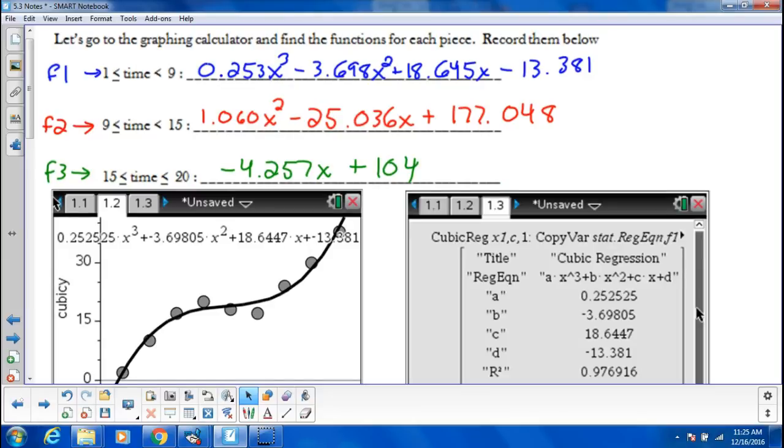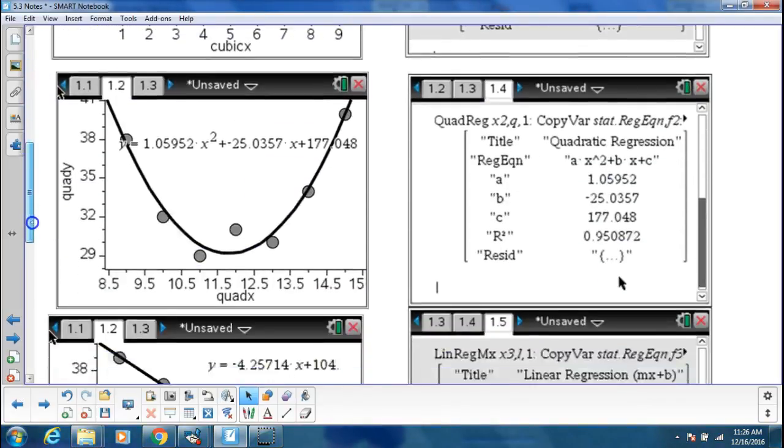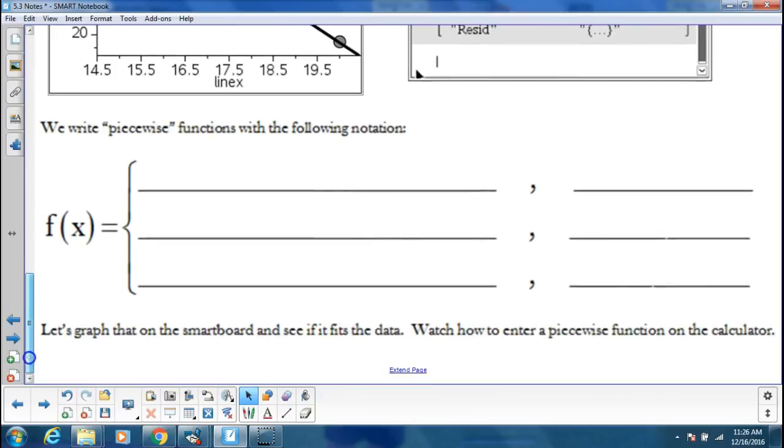Right? So the piecewise function then is going to look like that, okay? Where I have three parts to my function. And so what I need to do now is, in a piecewise function, this first part here is the function part.